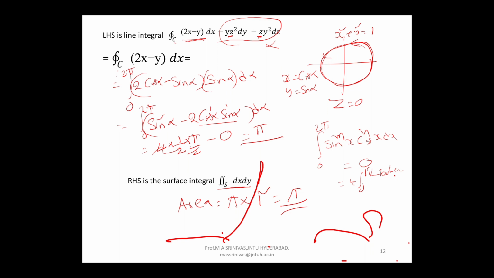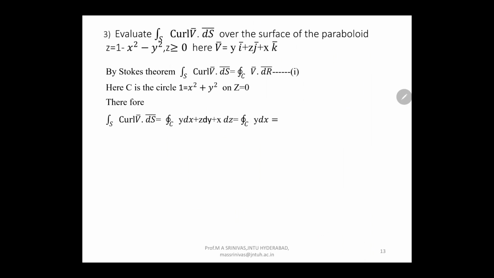Third one. Evaluate. Here he is not asking us to verify. He is simply asking us to find out the surface integral of curl V bar. Instead of F bar, he is using V bar. He is asking us to find out the surface integral.